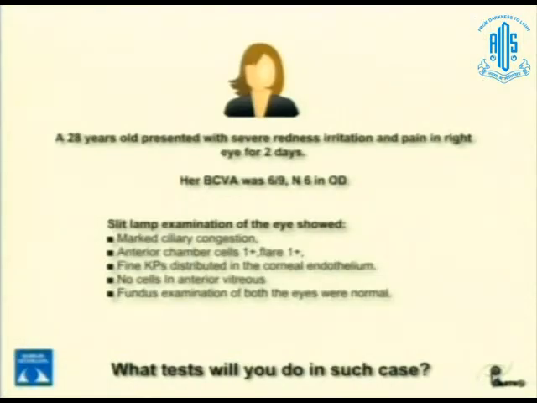So it's very important. Similarly, a 28-year-old female has come to your OPD with mild diminution of vision. It's a case of non-granulomatous uveitis, no history of prior attack of severe inflammation. What test will you do?